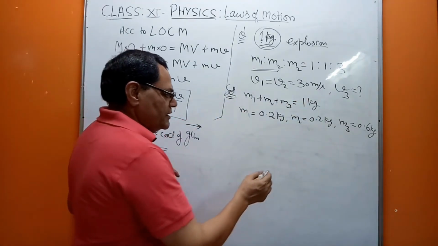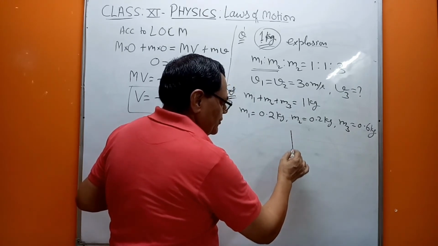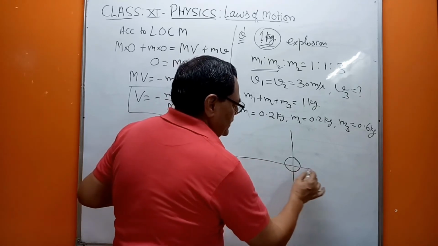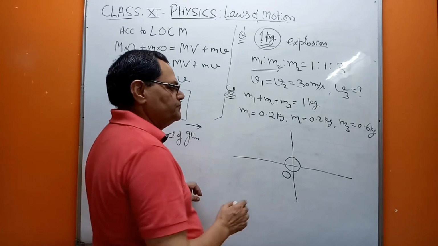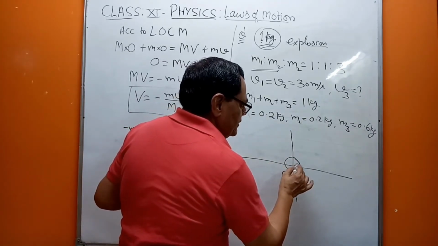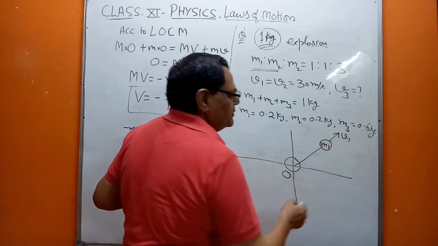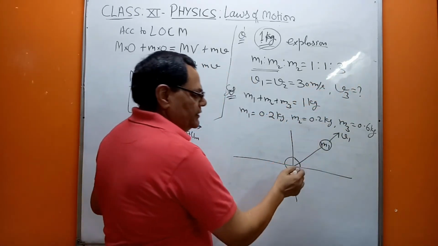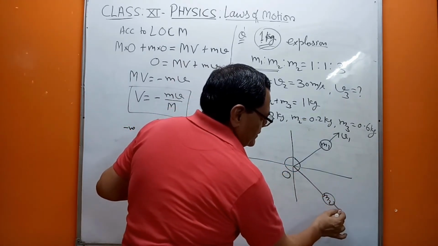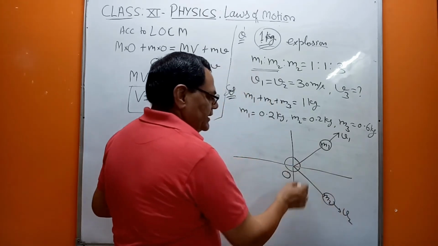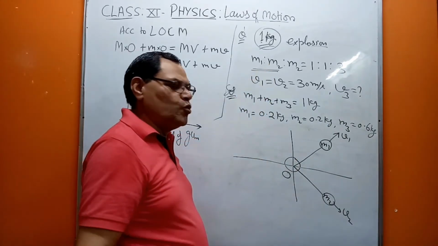Now let's see, here is the body, and let us consider this body, before the explosion, at the origin of a two-dimensional plane, that is xy. Out of this, let's say one fragment of mass m1 moves with velocity v1 this side, and then the second fragment of mass m2 moves this side with velocity v2, in such a manner that these two are perpendicular to each other as per the question.